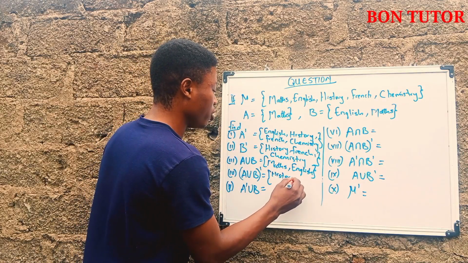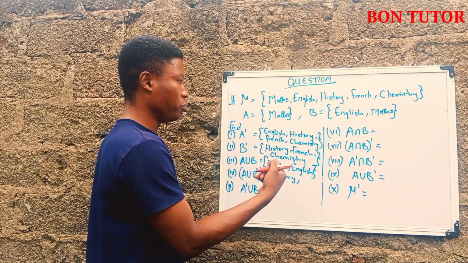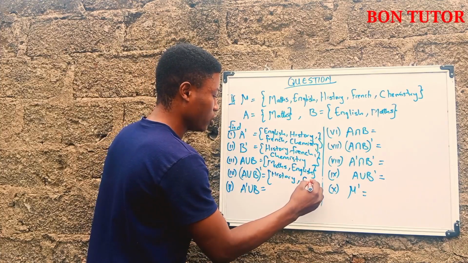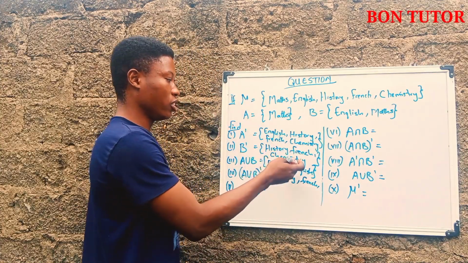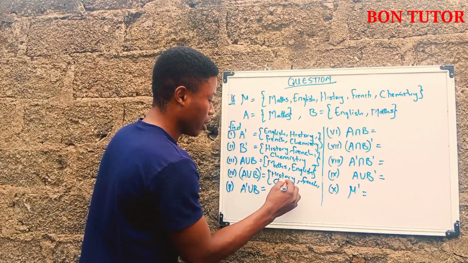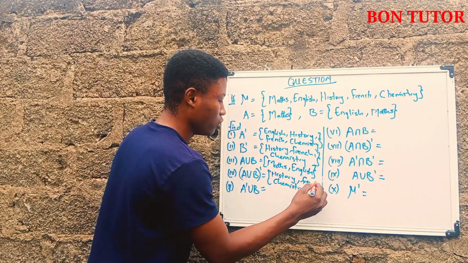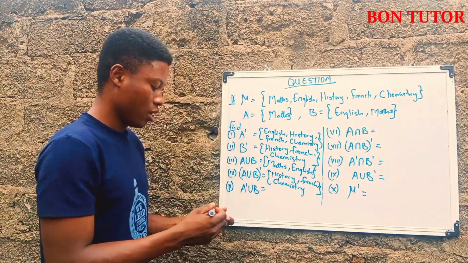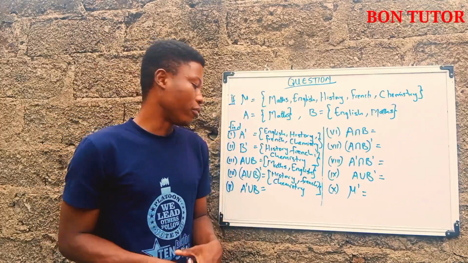Your history is in the universal set, but it is not in A union B. You have your French. It is in the universal set, but not in A union B. And you have chemistry. Those are the elements you have under A union B prime.